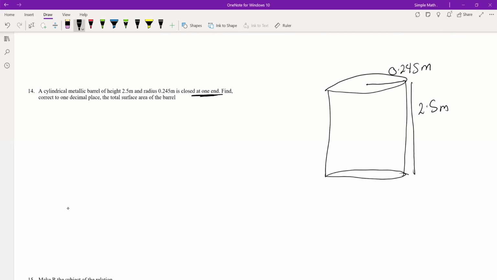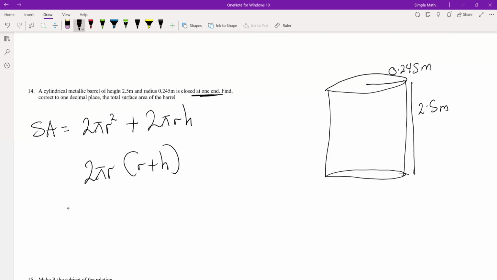Now for a cylinder, the formula for surface area is 2 pi r squared plus 2 pi r h. Or if you want to factorize it, it will be 2 pi r bracket r plus h. Very simple. But there's something we need to note here. It is closed at one end.